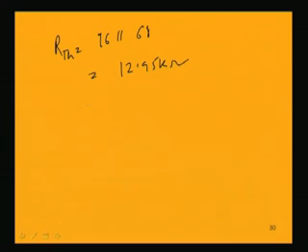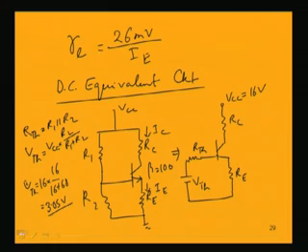So we can now find out in this circuit the base current, the collector current and the emitter current, because if we apply Kirchhoff's voltage law to this circuit, then V Thevenin minus IB into R Thevenin minus VBE minus IE RE is equal to 0.